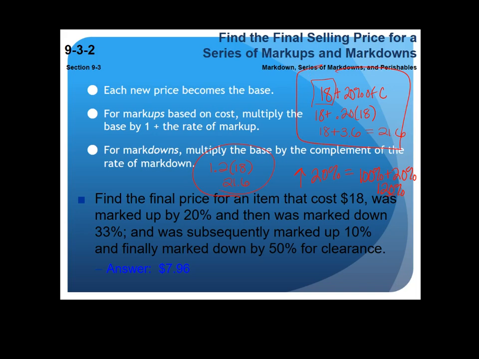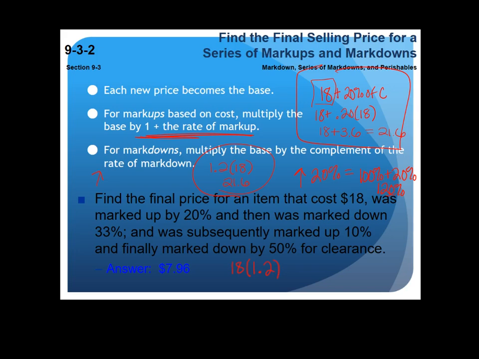So if you mark something up, that's what this is saying right here, you could take the rate and add it to 100%, and then just multiply that number. So basically I could start with my 18 and multiply by 1.2.